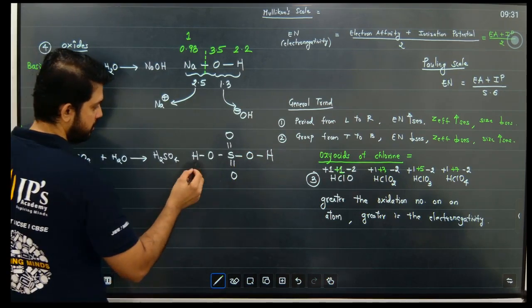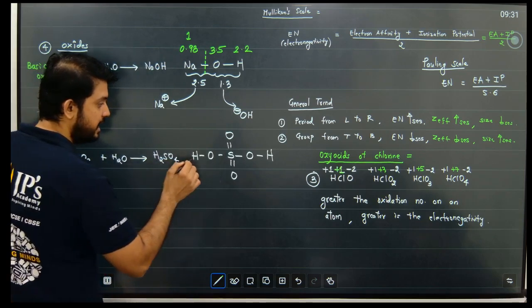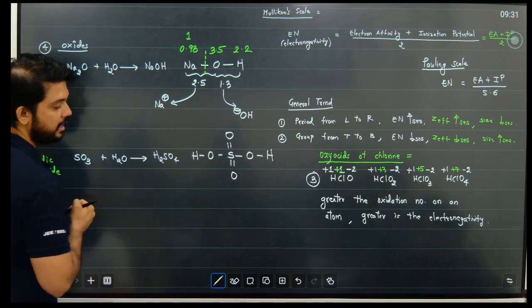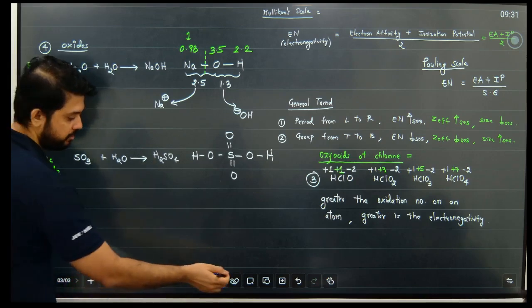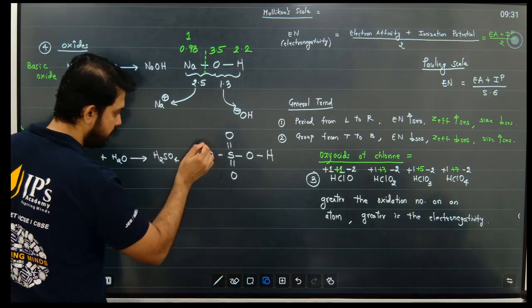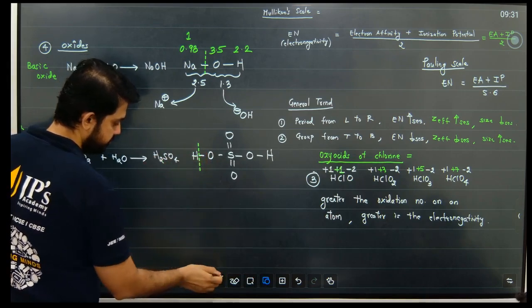Now over here, hydrogen and oxygen का electronegativity difference is greater than the electronegativity difference between oxygen and sulfur. इसीलिए ये bond break होता है.